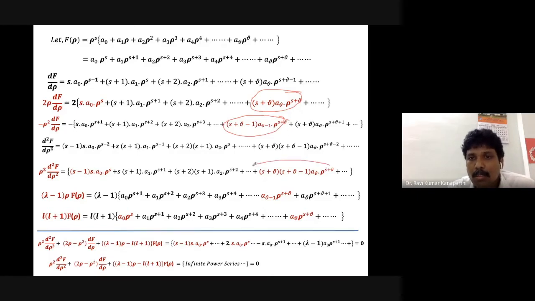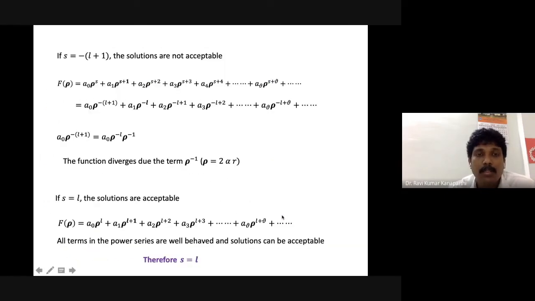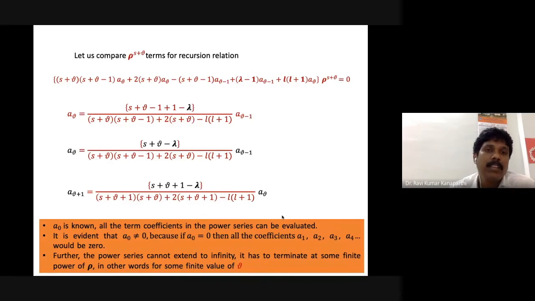Similarly, there is another term. So all these things are basically coefficients of rho to the power s plus nu. So you can just compare those coefficients to obtain the recursion relation.